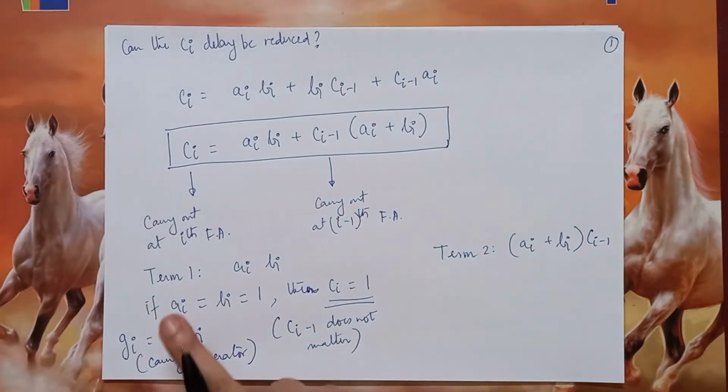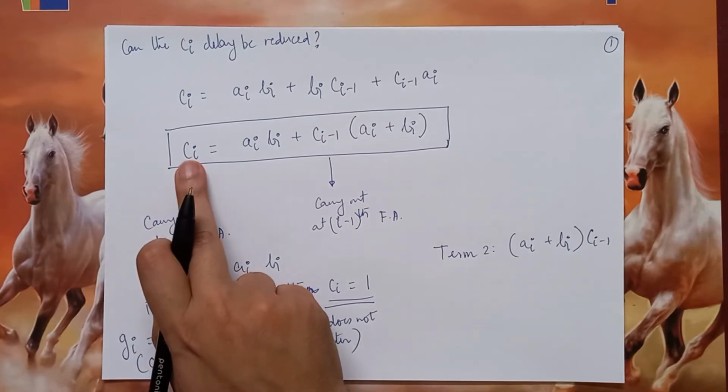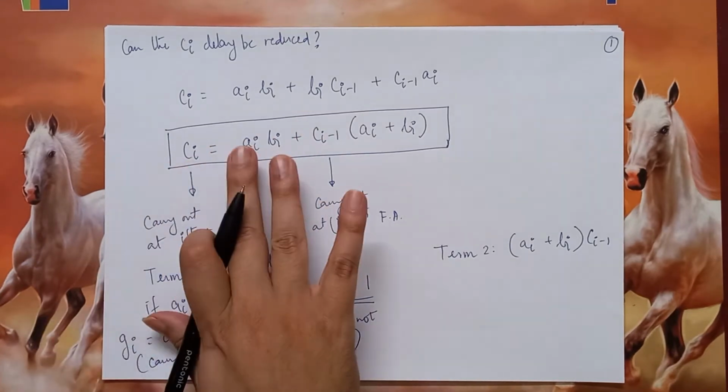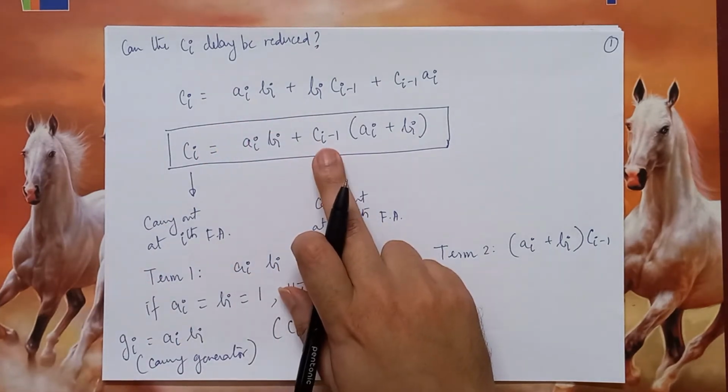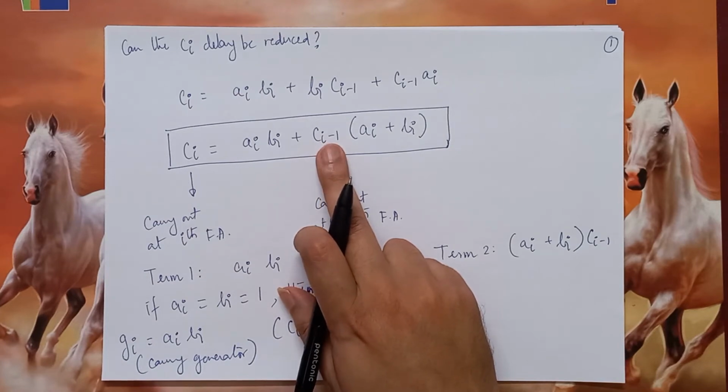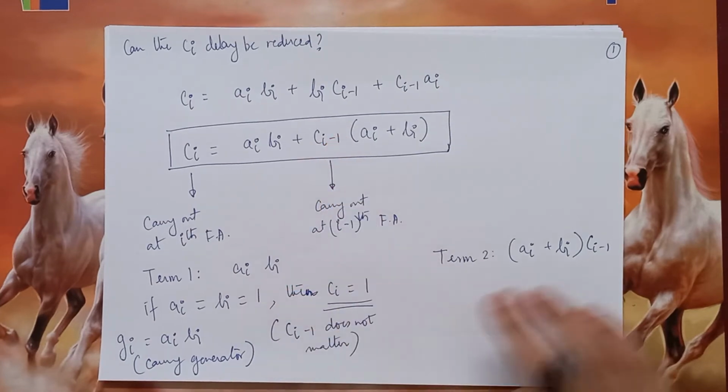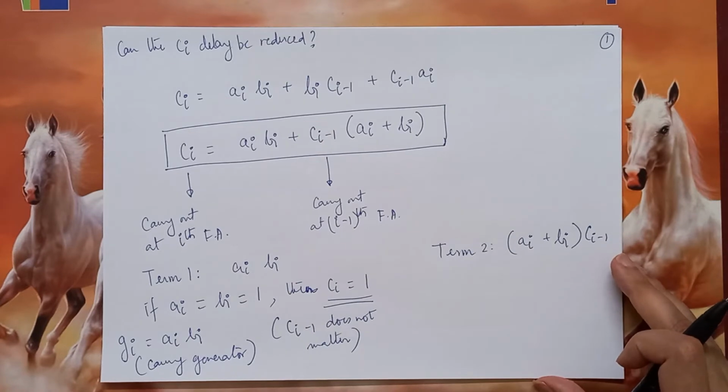Only in this case, when ai and bi are both 1, we have reduced the dependency of Ci on Ci minus 1. All I need is ai and bi, so the delay needed to consider Ci minus 1 would be nullified.